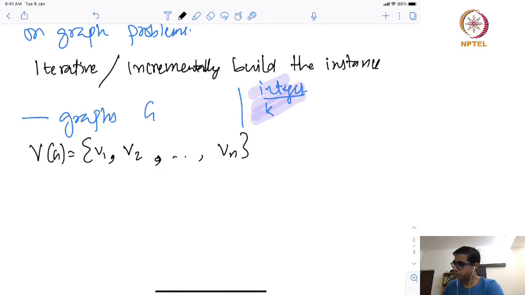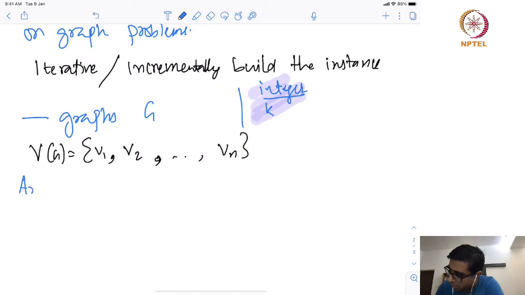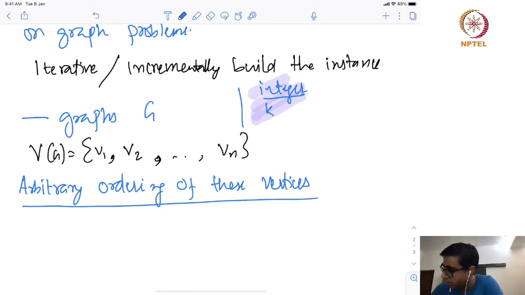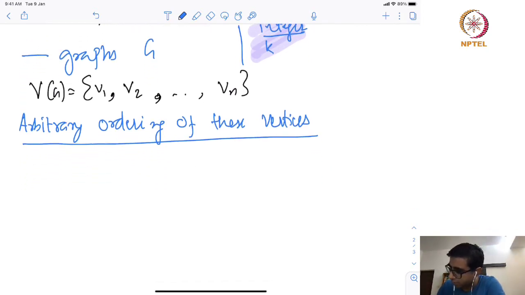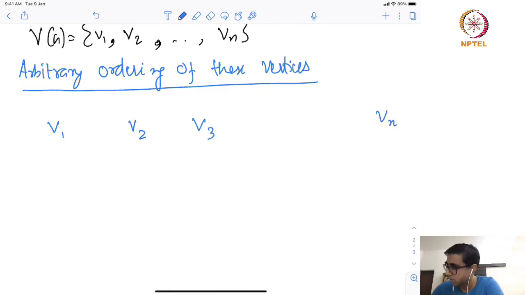Let us write down an arbitrary ordering of these vertices: v1, v2, v3, ..., vi, ..., vn. And what is my graph?